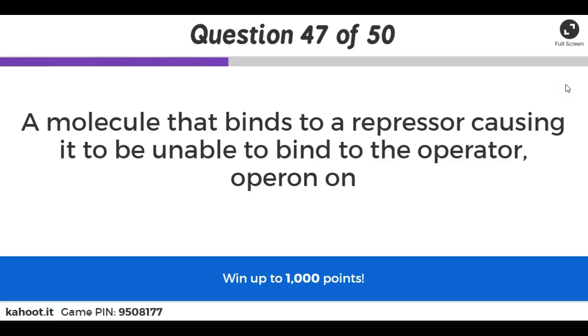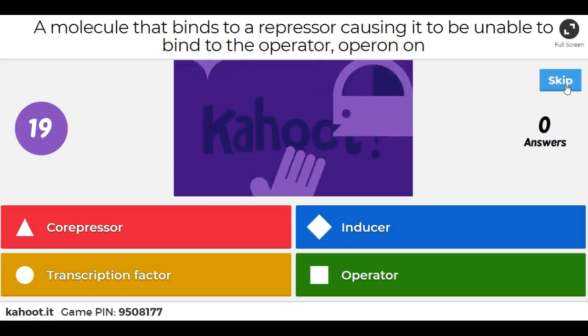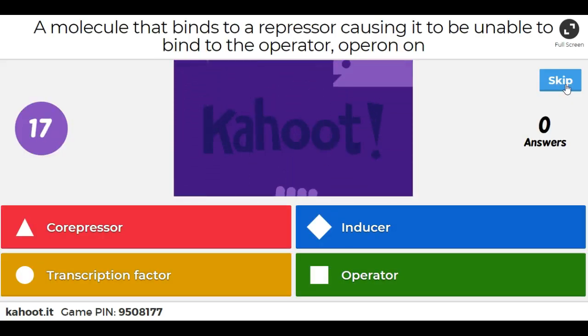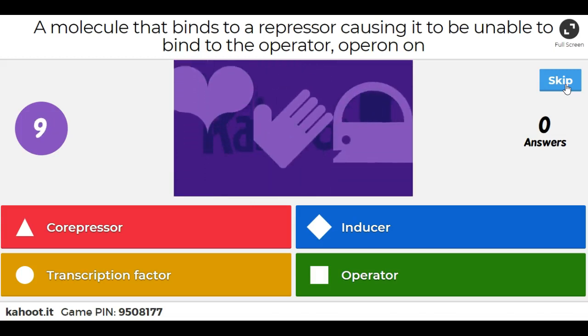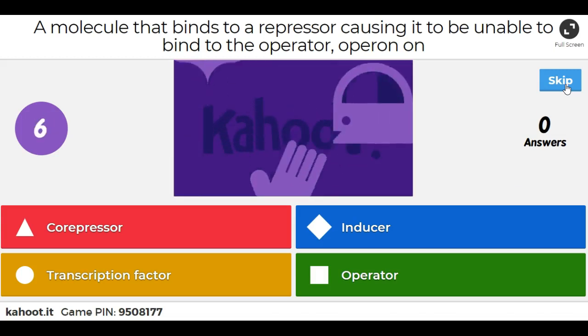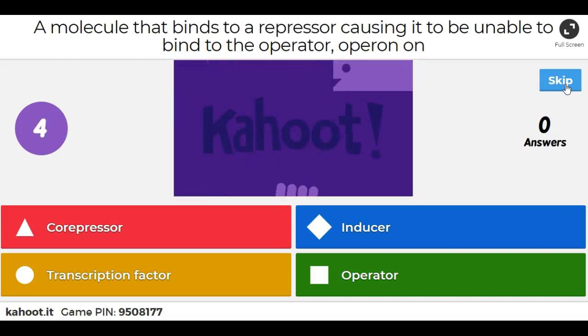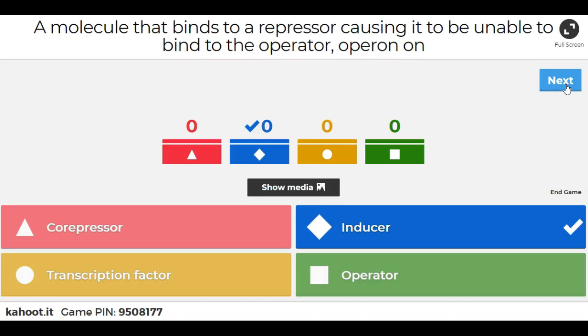A molecule that binds to a repressor, causing it to be unable to bind to the operator. This switches the operon on. So this is an inducer.